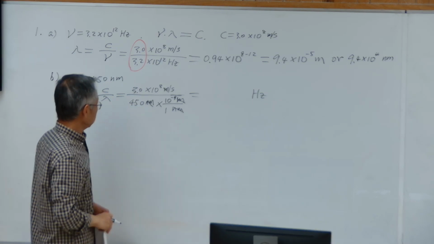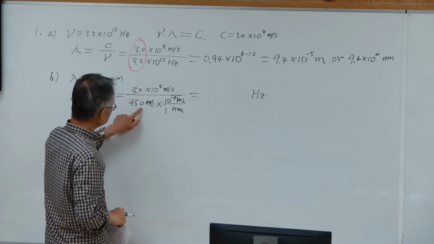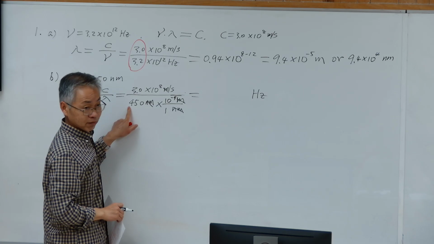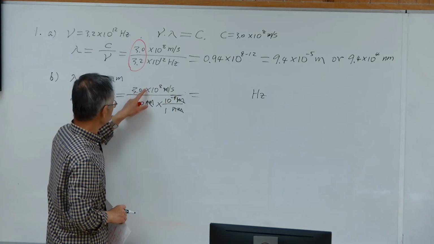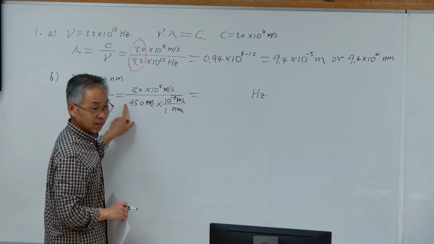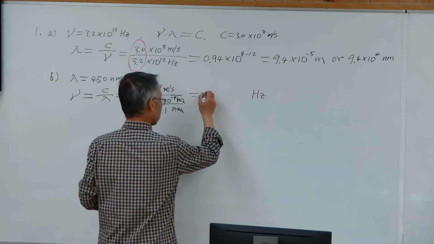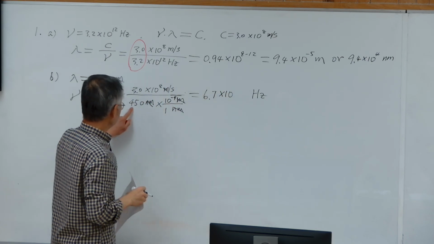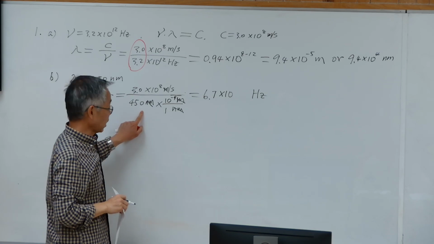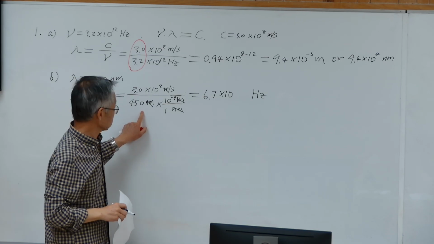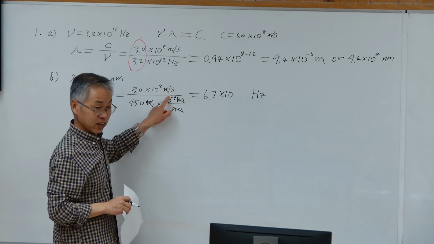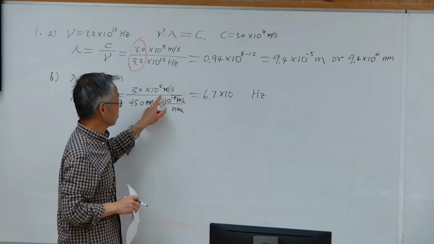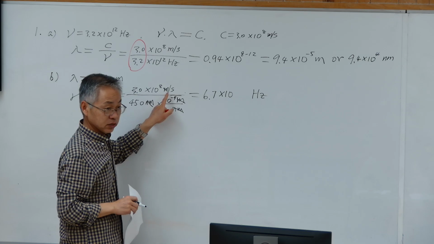Then mathematically, for negative 9, we can move 3 decimal places and it becomes 0.45. Then 3 divided by 0.45 is 6.7. If you move 3 decimal places, you have 10 to the third power. 10 to the third power combined with negative 9, you still have 10 to the negative 6. This is in the denominator, so the negative 6 becomes plus 6.